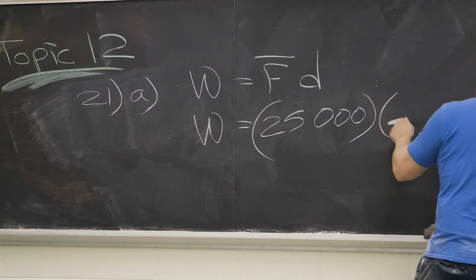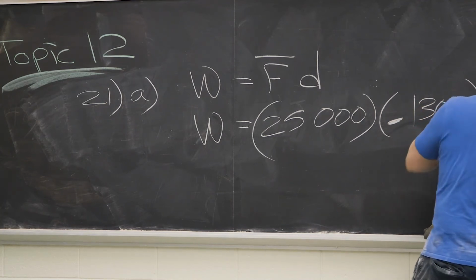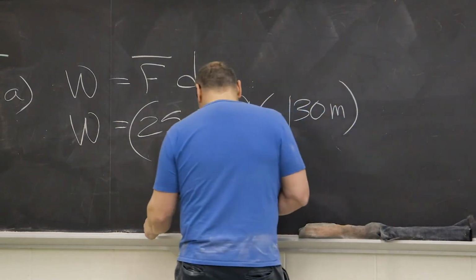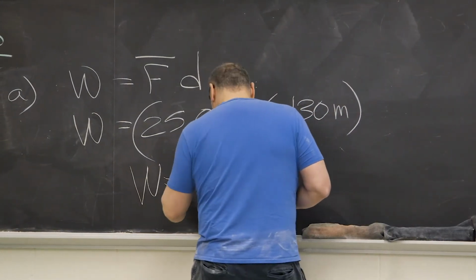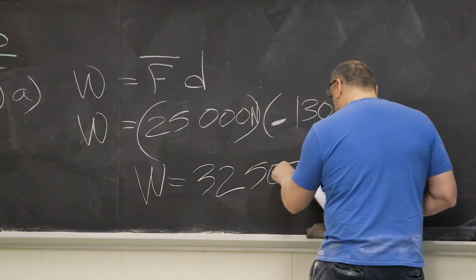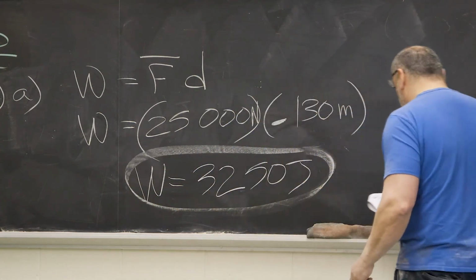You're moving it a distance 0.130 meters, which gives 3,250 joules. It's the work done on the gas.